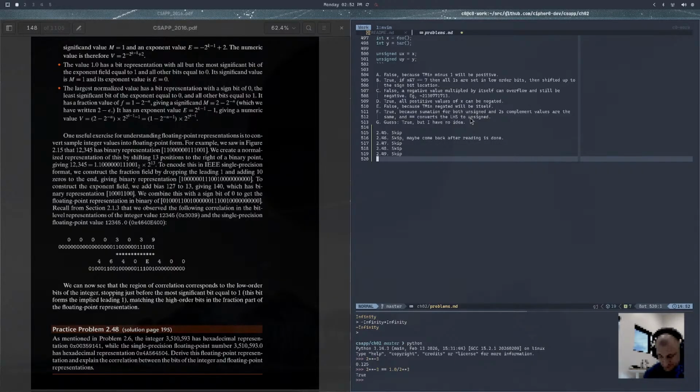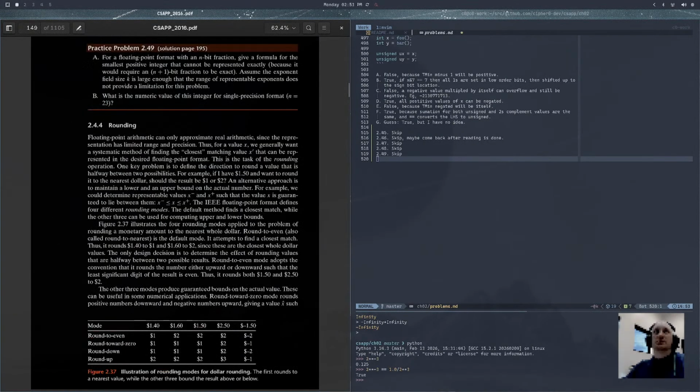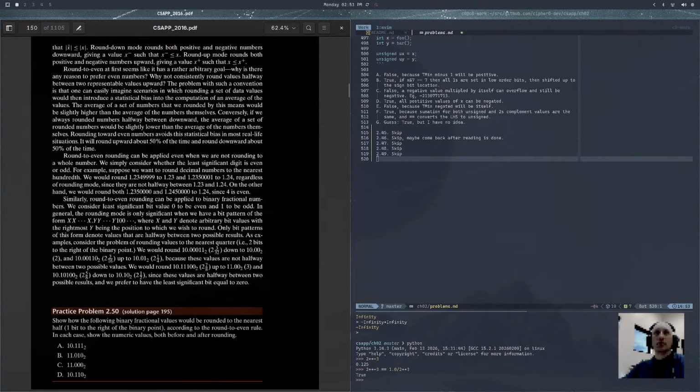Okay. I understand these because I watched a lecture last night, so I'm just going to cruise through this. Let's speed read. Round down mode rounds both positive and negative numbers downward, giving a value x hat minus. Round up mode rounds both positive and negative numbers upward, giving the value x hat plus.